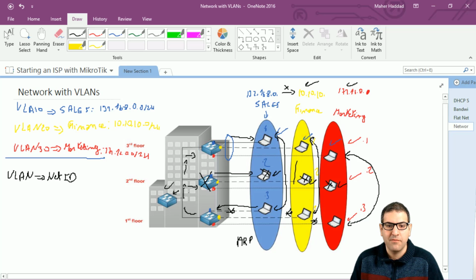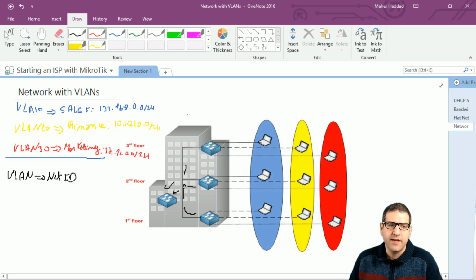And one more problem that we have talked about, let me just clean it a little bit. We said that if this switch, for example on floor number 3, is full, there are no more ports on the switch to add, and you have a new colleague coming to work in marketing. I said I want to put him on floor number 3, but I looked at the switch and saw that there are no ports left. That's no problem, I will look at other switches.